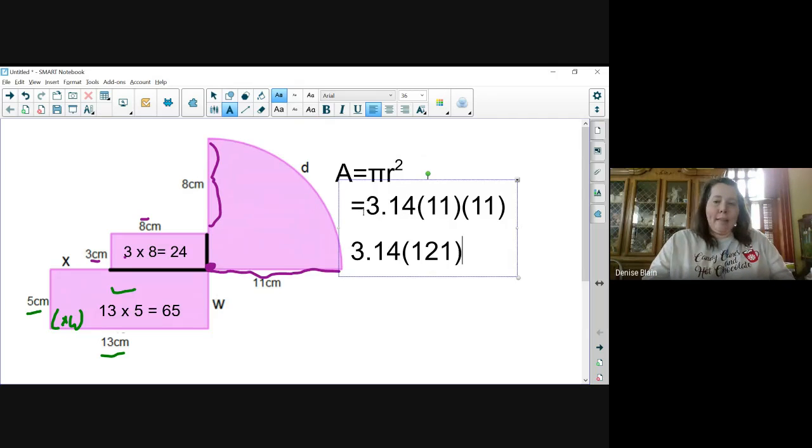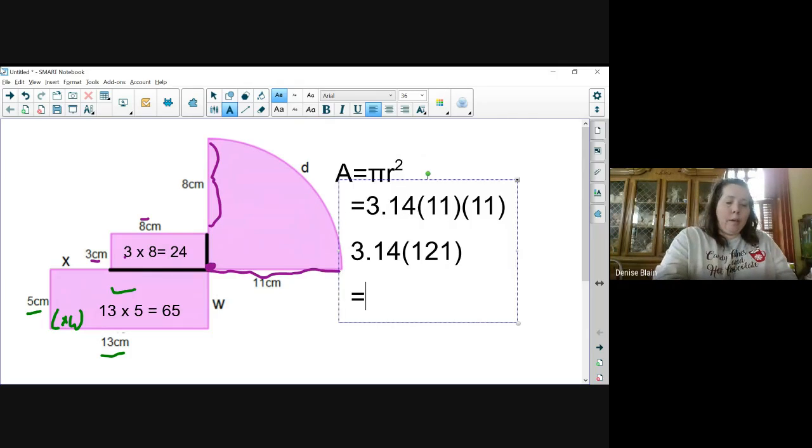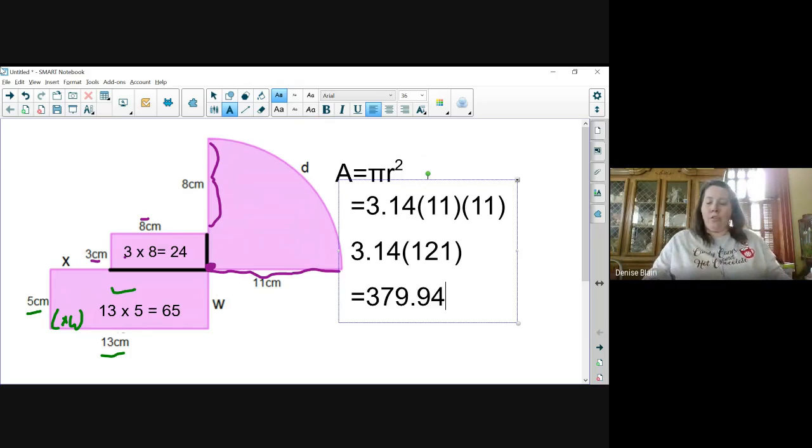When I calculate that, my total is 379.94. Well, that is the area of a complete circle. I have a quarter of a circle instead, so I need to take this number and divide it by 4.